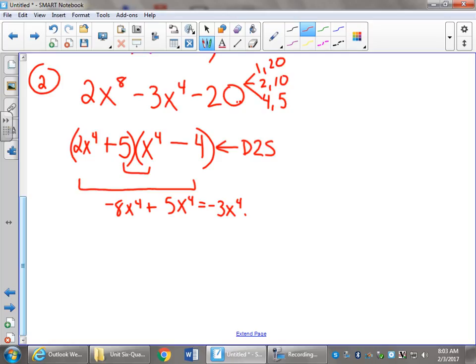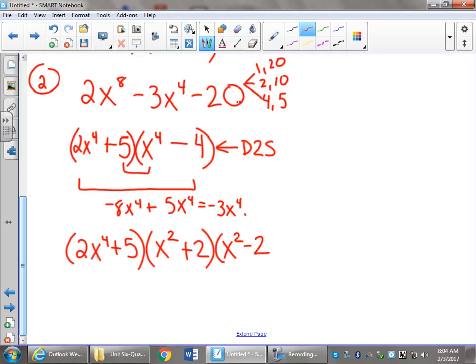Okay, so the exponent of 4 still falls into a D2S category. So we're going to factor that last one further, 2x to the fourth plus 5, and then that will factor into x squared plus 2 and x squared minus 2. And that will be the final answer.